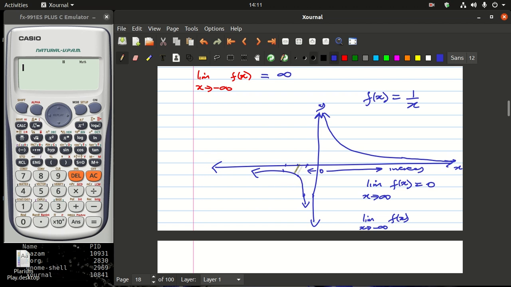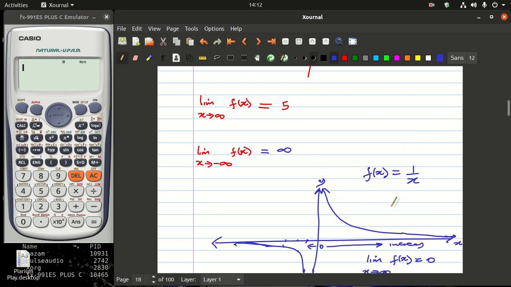The function keeps going closer and closer and closer, and if I were to continue to draw this function here, it is going to get closer and closer, but it's not going to touch this axis. But the value that we keep getting closer and closer to is just 0. So that's the meaning of this limit here. That's how we found this limit.